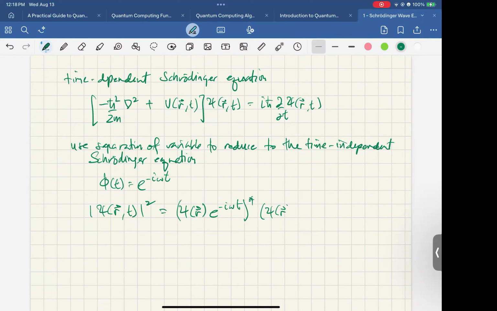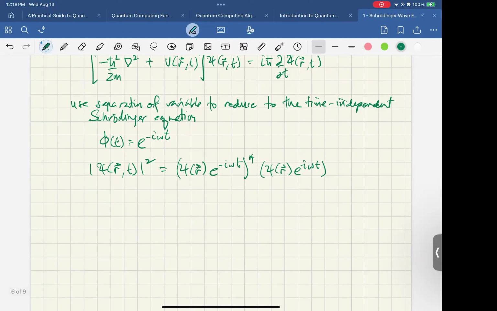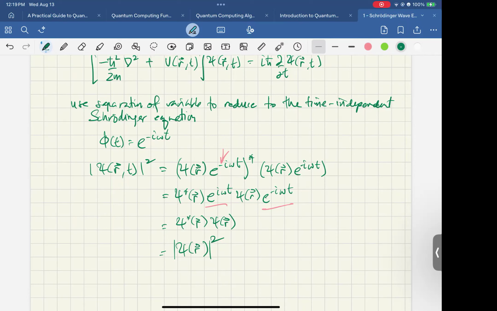And then psi of r exponential negative i omega t. So we have psi star of r, and the complex conjugate of the imaginary number switches the sign from negative to positive. So it becomes exponential i omega t, then psi of r exponential negative i omega t. So this multiplied by this becomes 1, and then we have psi star of r, psi of r, or just psi of r squared.